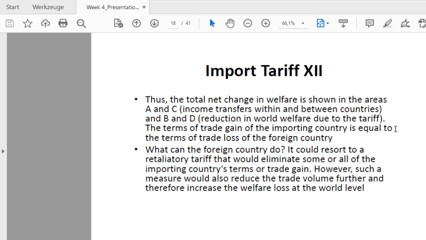The terms of trade gain of the importing country is equal to the terms of trade loss of the foreign country. What can the foreign country do in such a situation? Well, it could resort to a retaliatory tariff that would eliminate some or all of the importing country's terms of trade gain.